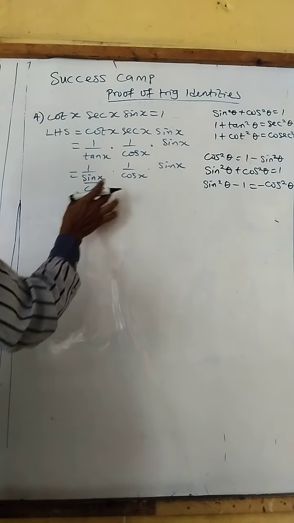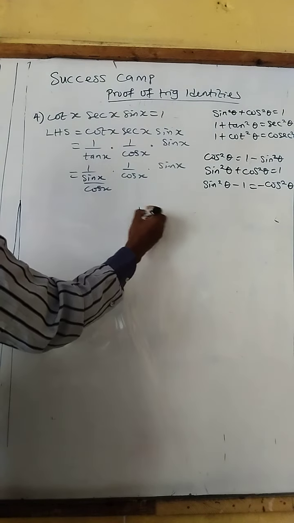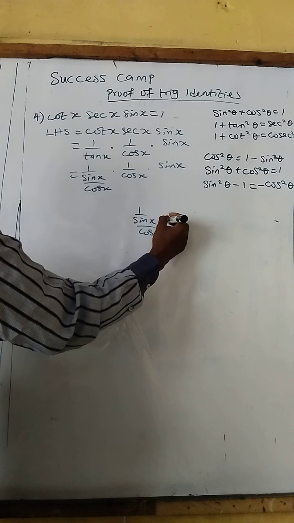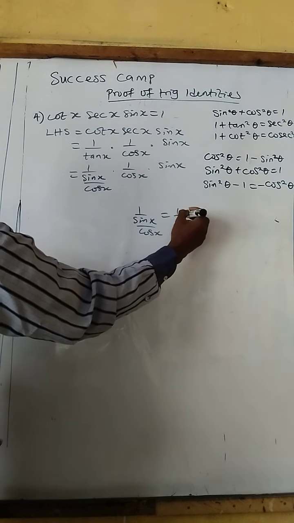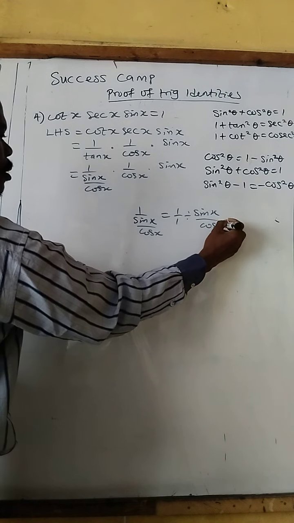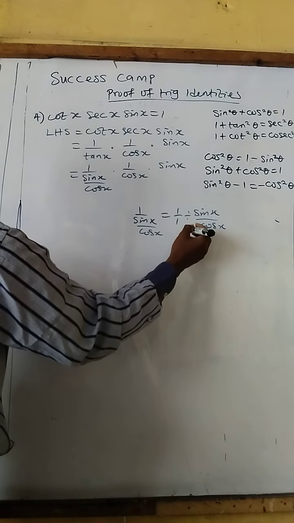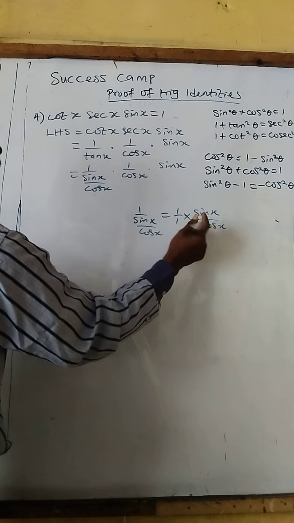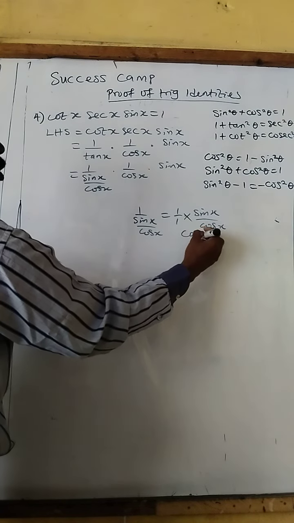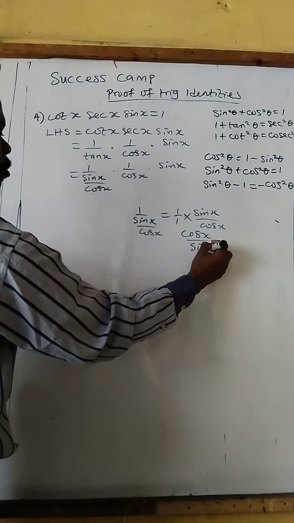So the inverse of this, if I have 1 over sin x over cos x, I can say 1 divided by sin x over cos x. If I change this into multiplication, it means this cos x will come up, sin x will come down, so it will be cos x over sin x.